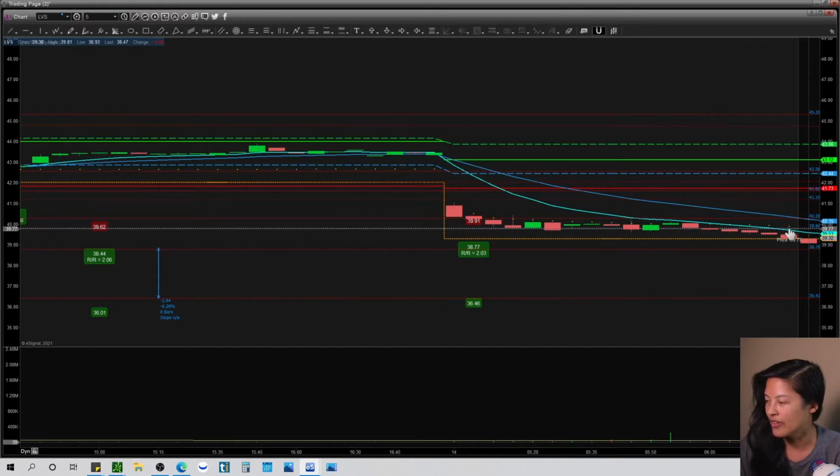Now this stock is looking really weak because of the following. This blue dashed line, which by the way, I went over what my indicators are in a previous video, which you can check out, is the 20 EMA from the daily chart. So we're under that.